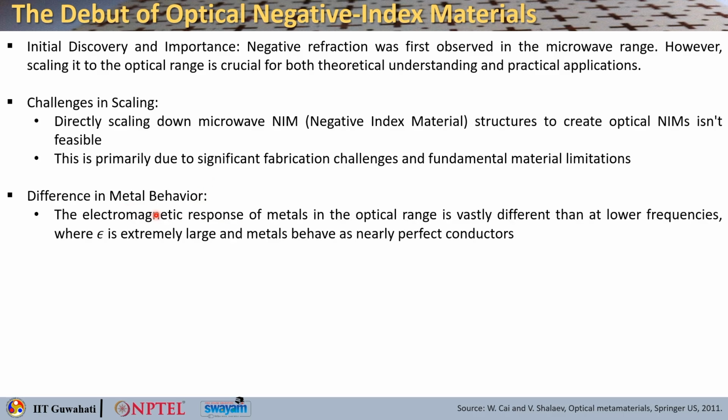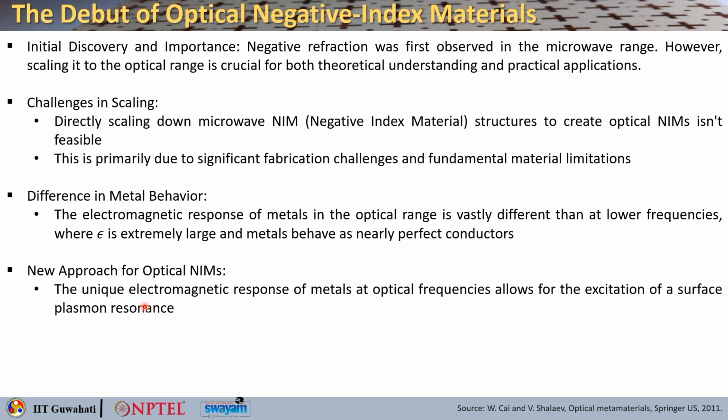And there is also a difference in the metal behavior, because the electromagnetic response of metals in the optical range is vastly different than that at lower frequencies, where epsilon is extremely large and the metals basically behave like nearly perfect conductors. Now, a new approach for optical negative index materials needs to be taken.